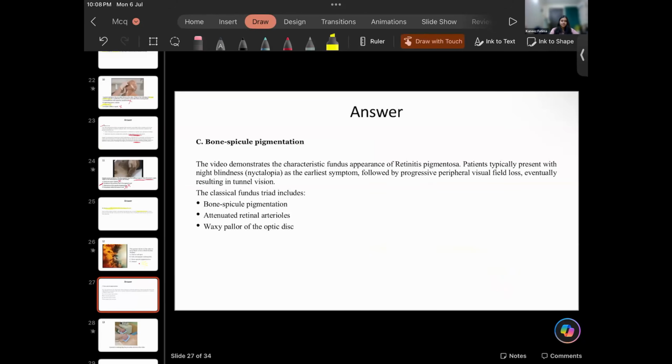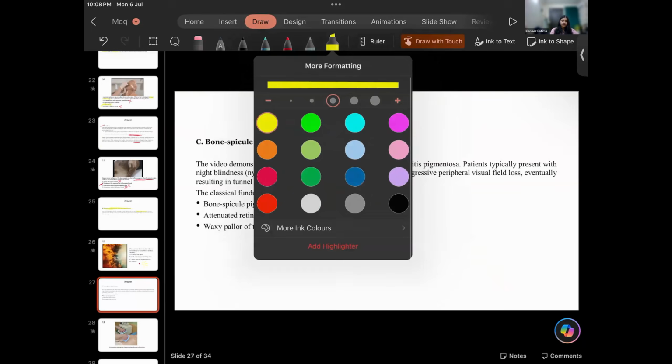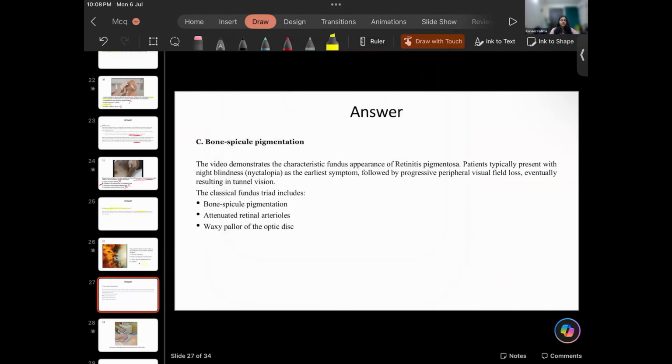So we will see the explanation. Bone spicule pigmentation. The video demonstrates a characteristic fundus appearance of retinitis pigmentosa, and the patient typically presents because of early degeneration of the rods, leading to nyctalopia or night blindness, followed by progressive peripheral visual field loss and leading to tunnel vision.